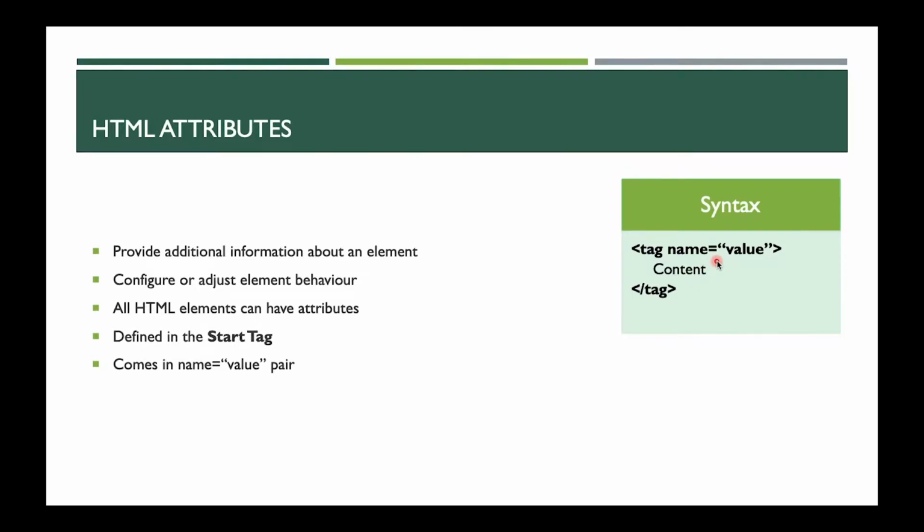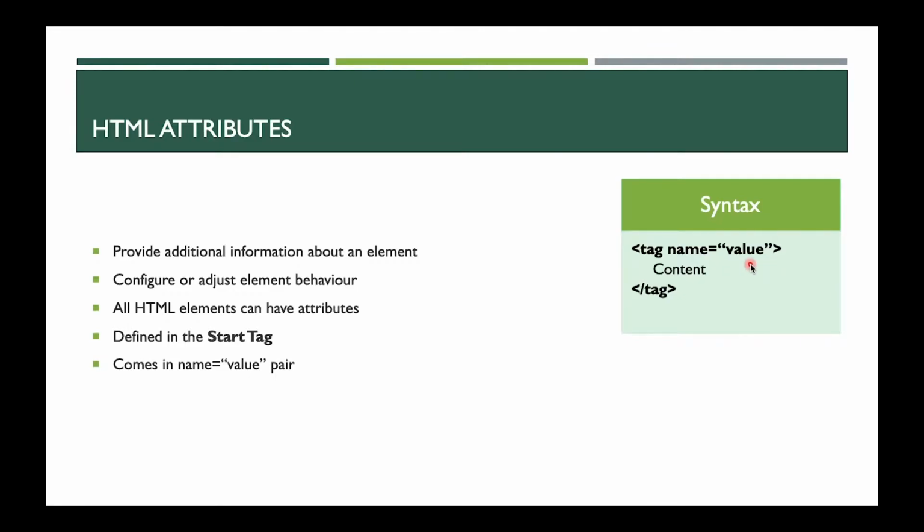Then followed by the equal sign, and then we have double quotations. If the attribute has a value that you can associate to that attribute, then you put the equal sign and then put double quotations first. Some people do not put that, but that's not something that is recommended. Always include the value for an attribute within double quotations, and then we put the value for that attribute.